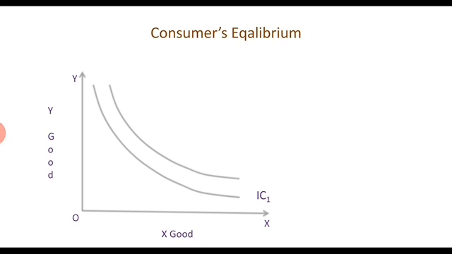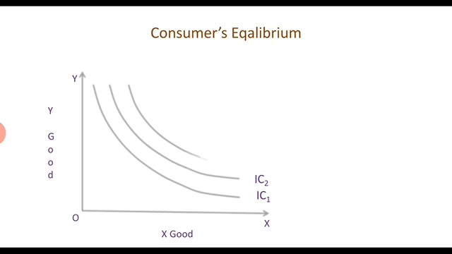The budget line or price line should be tangent to the indifference curve. The marginal rate of substitution should be equal to the price ratio.